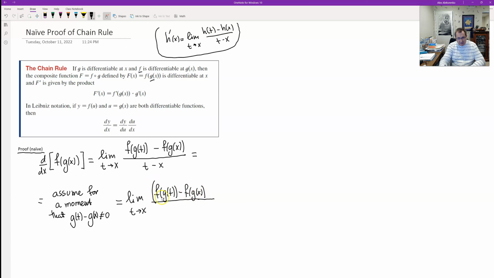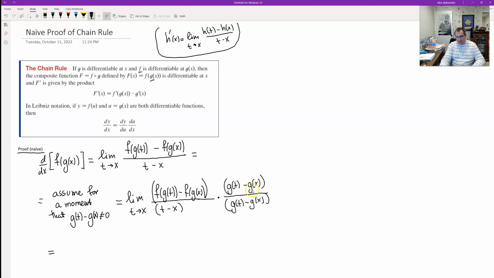We will put it in parentheses here, and here we have our t minus x, and we will multiply by the following fraction, g of t minus g of x, and we will divide by g of t minus g of x. Very well. Because we assume g of t is not equal to g of x, we can do it. We have a fraction that is equal to 1. So, very well, what do we do next?